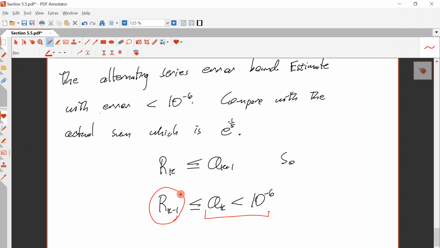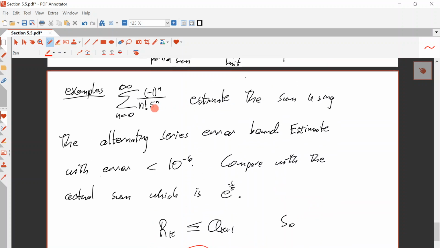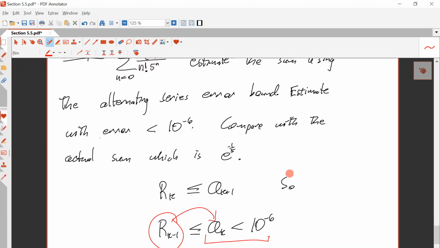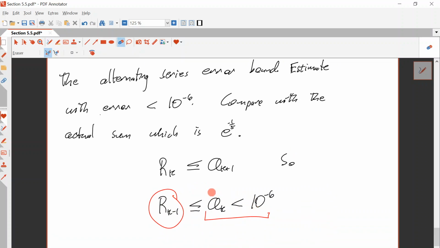We don't know what this is exactly. But what we do know is that it's less than this. So since the remainder is less than this, and we know what that is, it's just 1 over n factorial 5 to the n, without the alternating business. You just make that less than 10 to the minus 6.